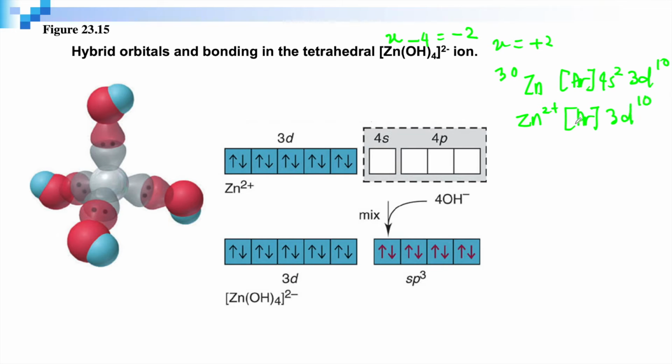And as you know, OH minus also has a lone pair at the oxygen here, so this is actually a donor or ligand. So you draw first the 3d10, the d orbitals, where we have 10 electrons.